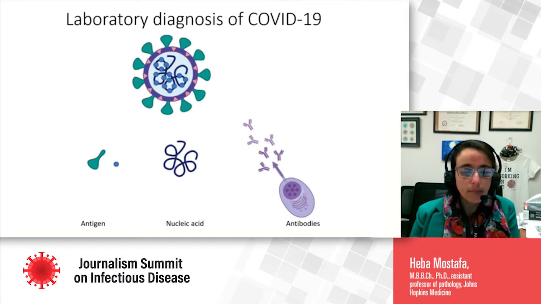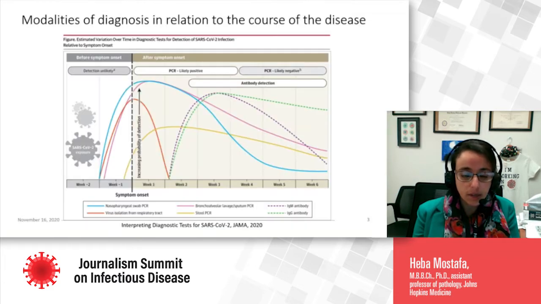And I will revisit this illustration from Dr. Carroll's talk, which shows you the different modalities that are currently available for SARS-CoV-2 diagnosis. This includes antigen testing, nucleic acid testing, and serology, or the detection of antibodies to this particular virus.